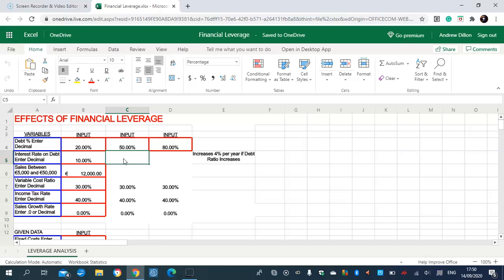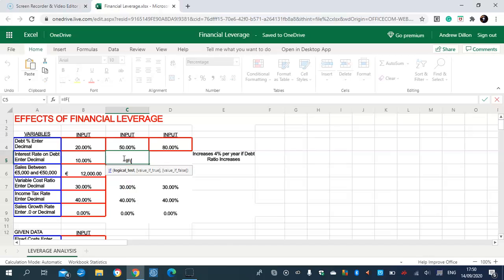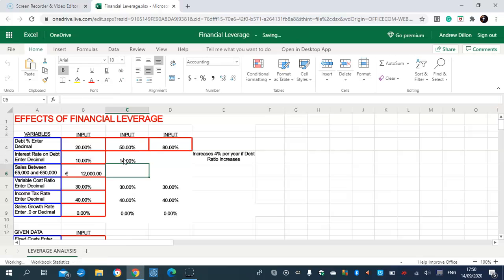This will require an if statement. 14.00%.